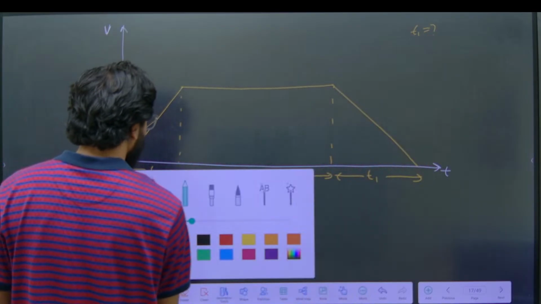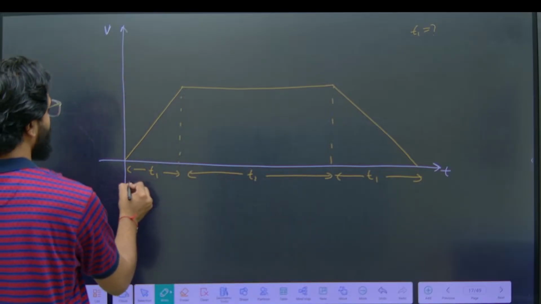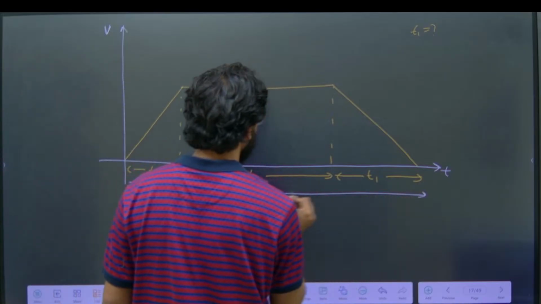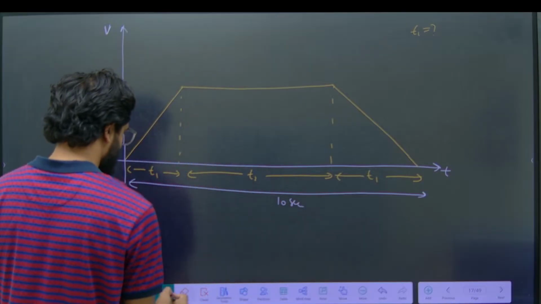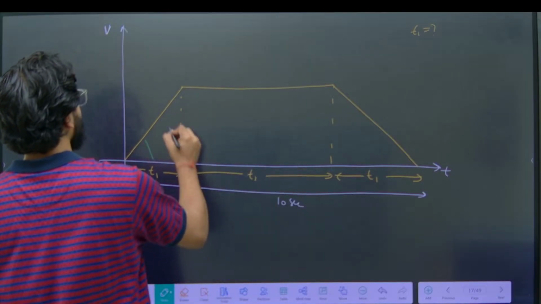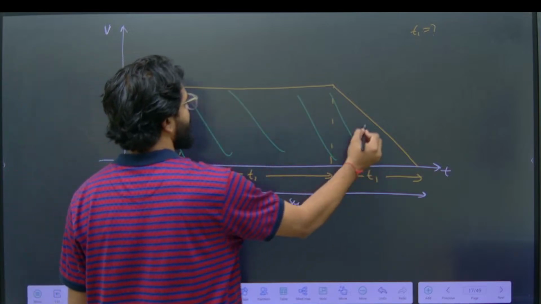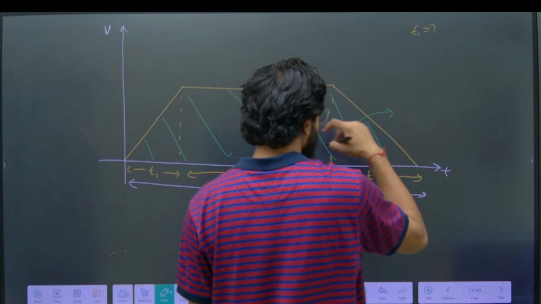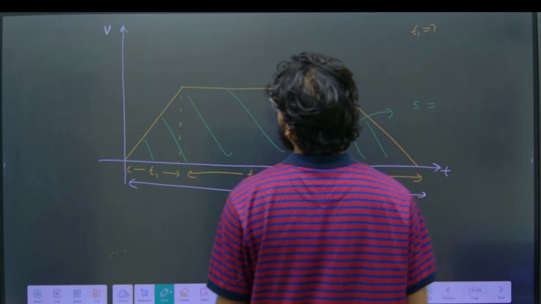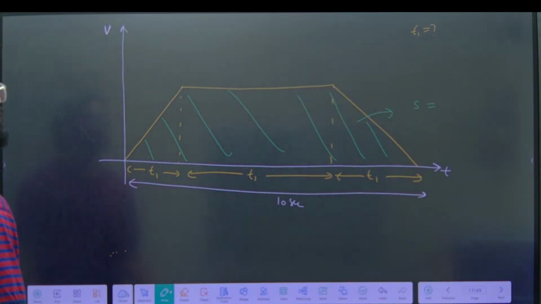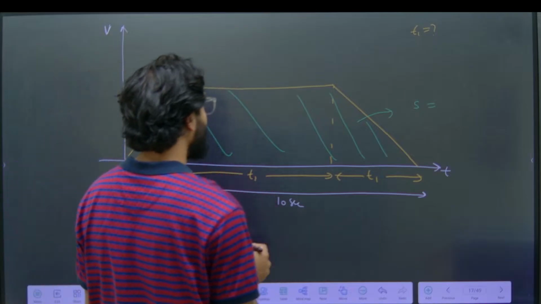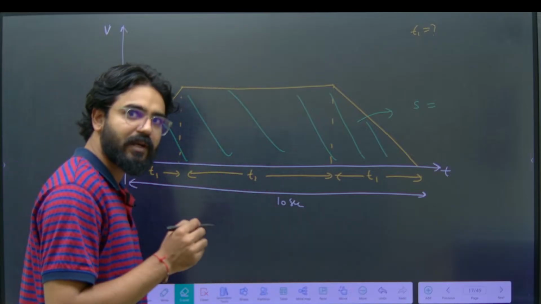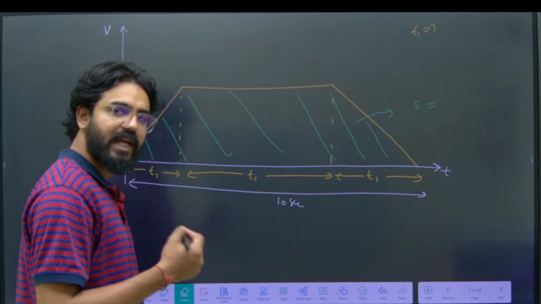We know that the total time from here to here is 10 seconds. They are saying the average velocity is 5.1 meter per second and the time is 10.